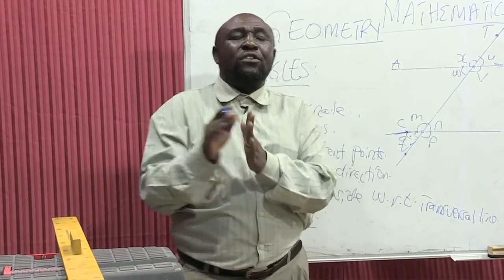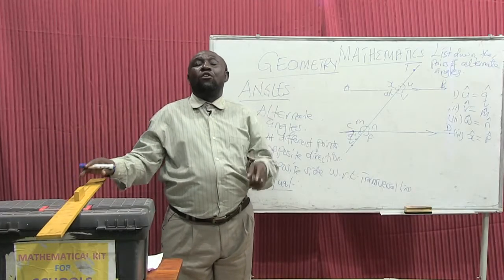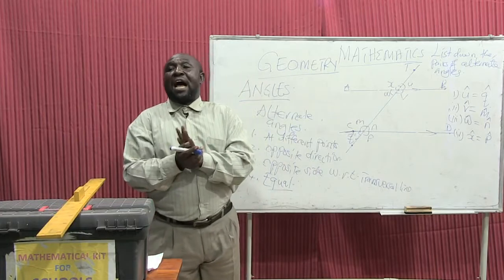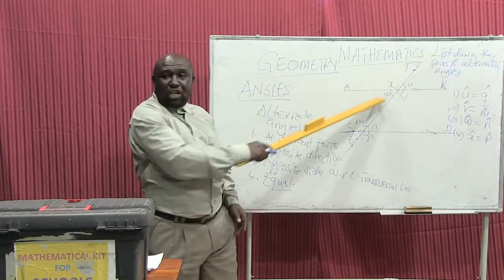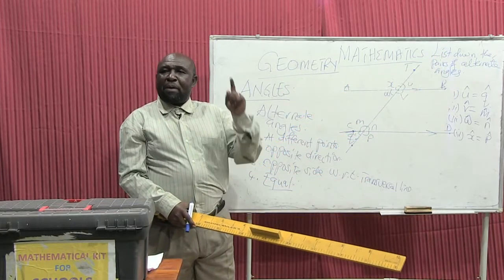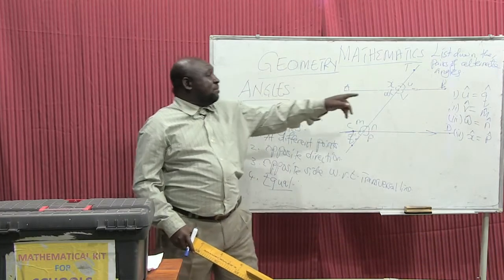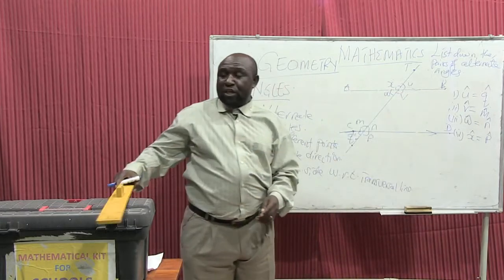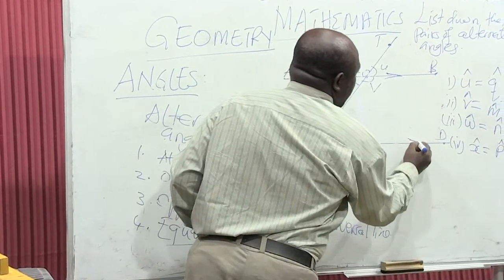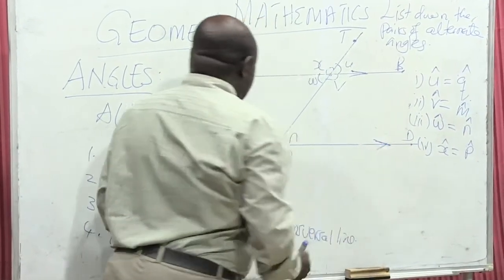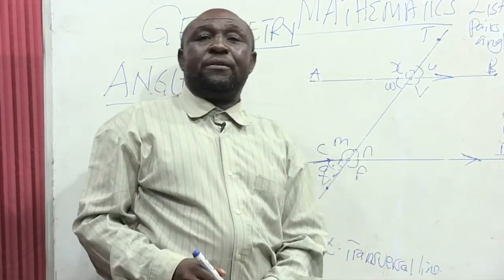So alternate angles, they are equal. But how do we identify that these two pairs of angles are alternating? There must be parallel lines and a transverse line. Parallel lines must be there and shown. The sign of parallelism, this mark which looks like these arrows, indicates that line AB is parallel to line CD.